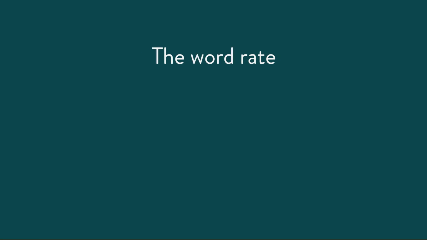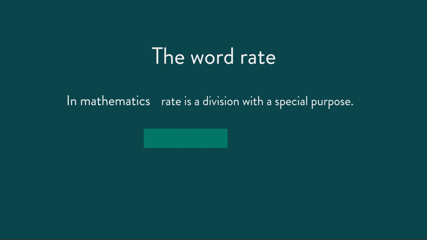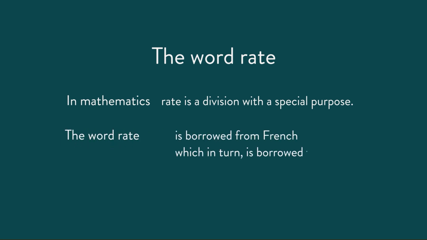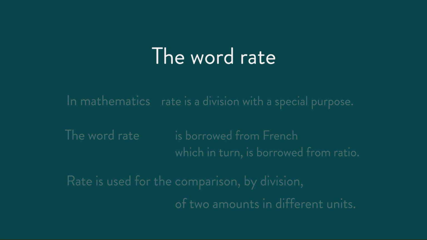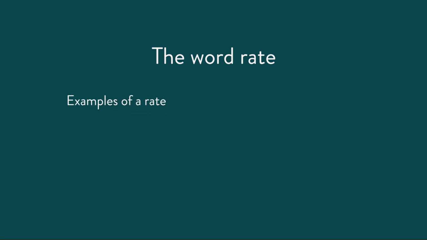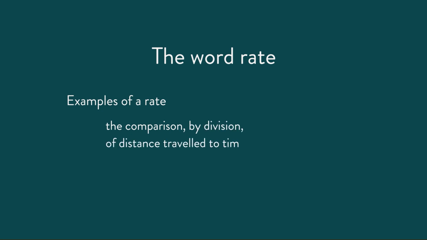The word rate. In mathematics, rate is also a division with a special purpose. The word rate is borrowed from French, which in turn is borrowed from the Latin ratio. Rate is used for the comparison by division of two amounts in different units. Examples of a rate are the comparison by division of distance travelled to the time taken, which is called speed.